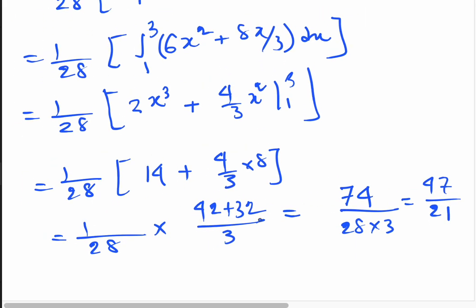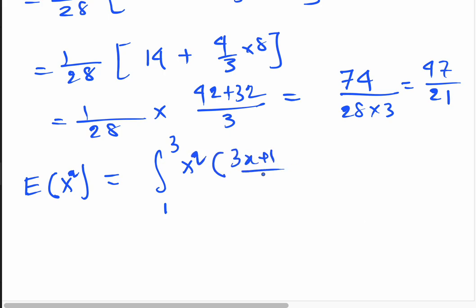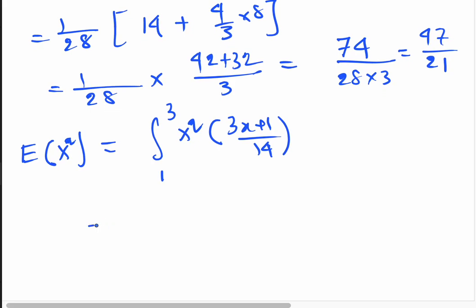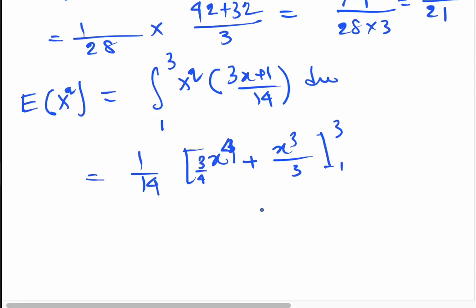Now another thing we have to calculate, that is expectation of x square, that is variance. We need this term because, so this is 1 to 3 x square 3x plus 1 by 14. So this is 1 by 14, dx, x cube by 3, so simply x4 by 4, 3 by 4 plus x cube by 3, 1 to 3.